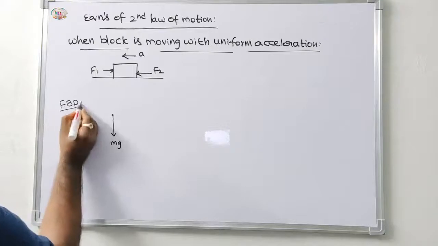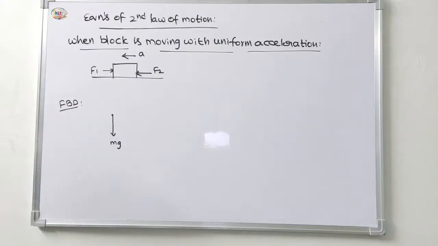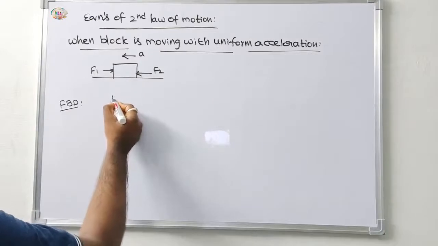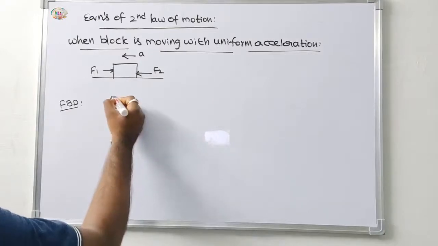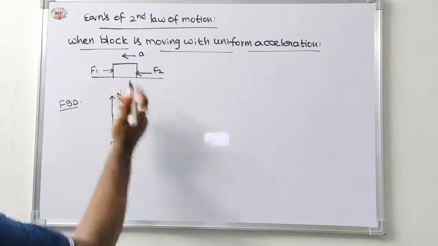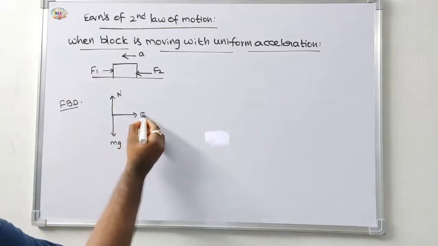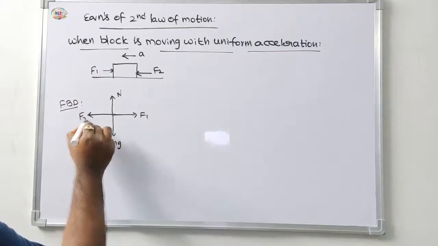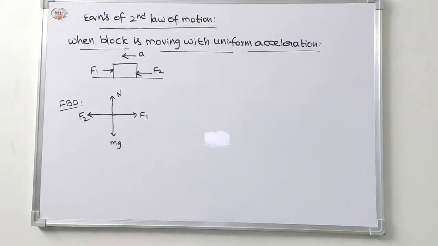One force is acting perpendicular to the surface, that force is the normal force N. The applied force F1 is acting in this direction, and F2 is acting in the opposite direction of the applied force.